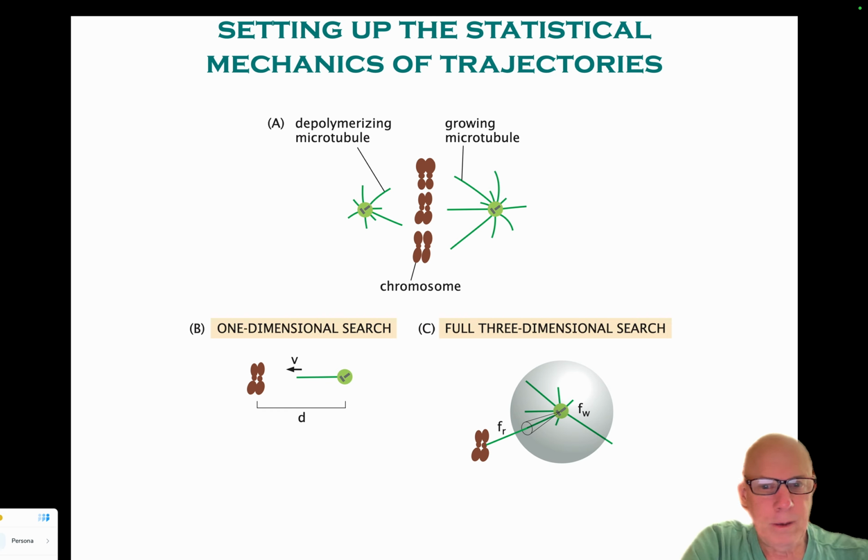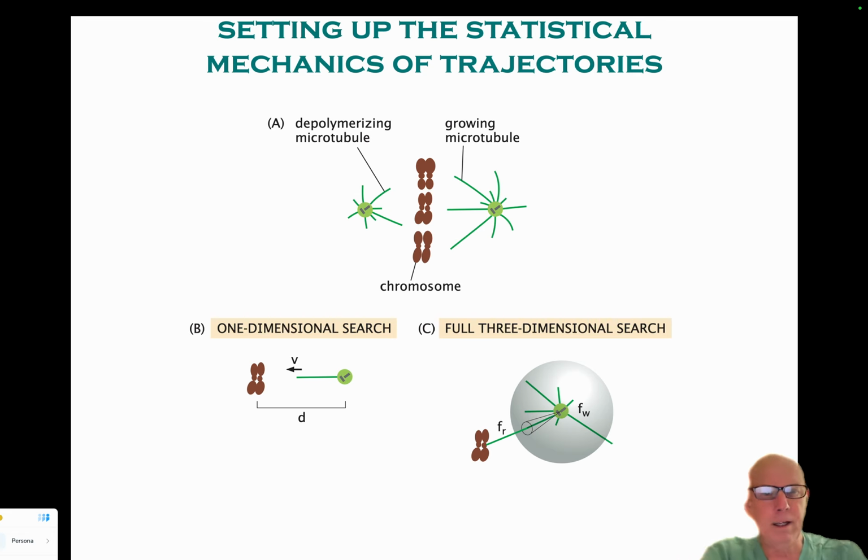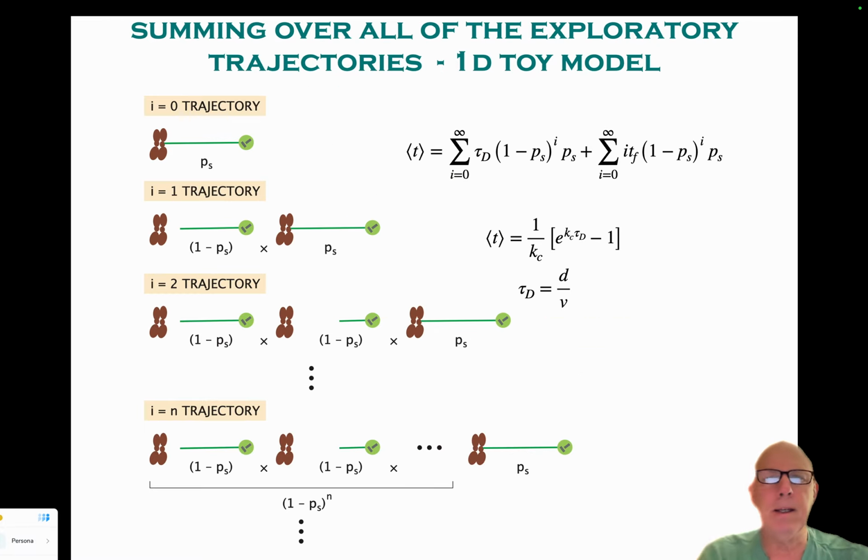The lower left is a one-dimensional search where we presume that the microtubule is going in the correct direction right from the get-go, and the part C, the three-dimensional search, imagines that every microtubule can grow anywhere on the unit sphere, and so that means most of the time it will be growing in the wrong direction, and therefore is certain to miss the chromosome, and it's only over a little cone of possible directions. So we'll see how to write down the probabilities.